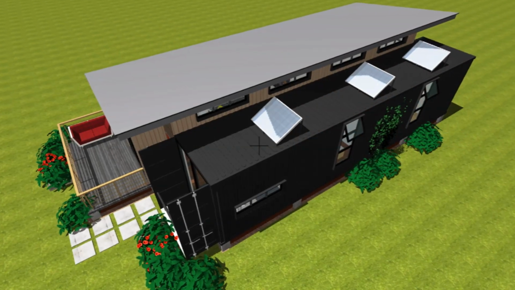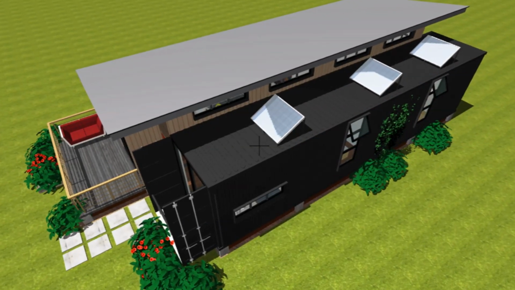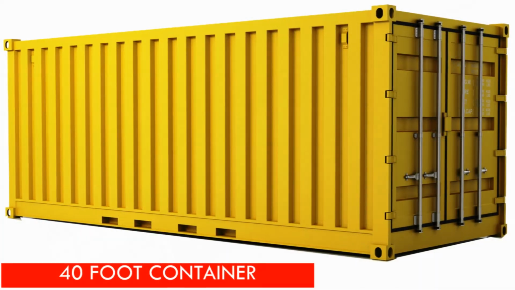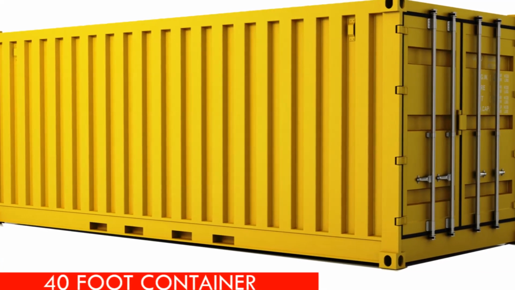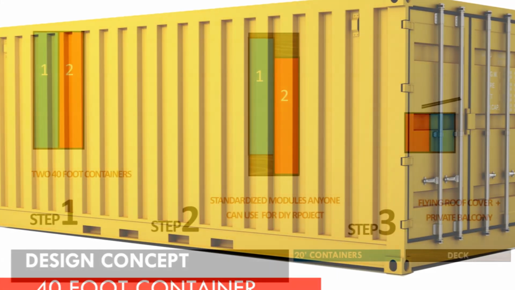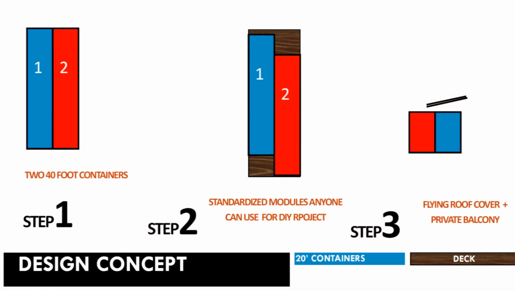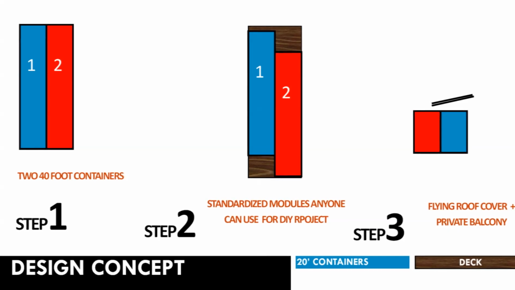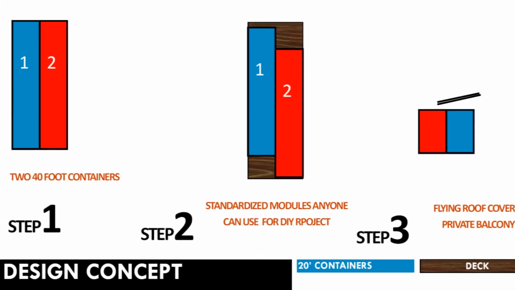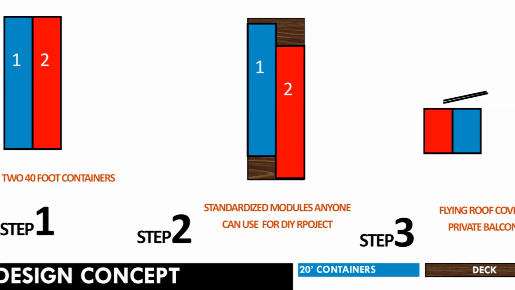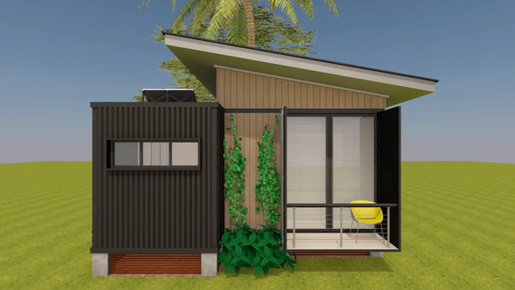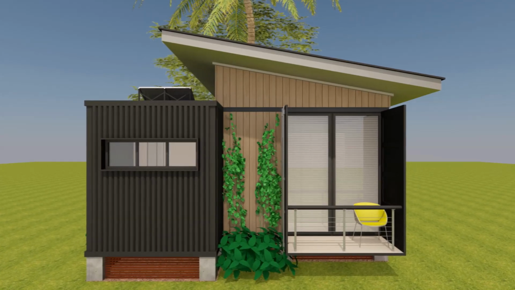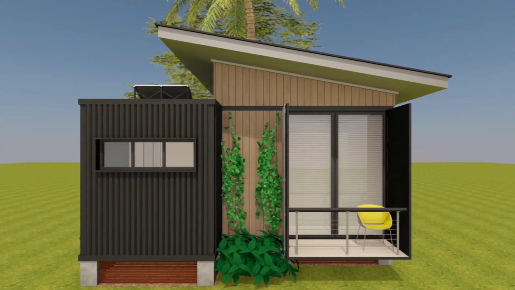Design concept. This modern shipping container house is designed using two 40-foot shipping containers. The two containers are placed parallel to each other and sheared horizontally to create a dynamic floor plan. The containers are set apart 1.2 meters to increase the habitable space of the house.